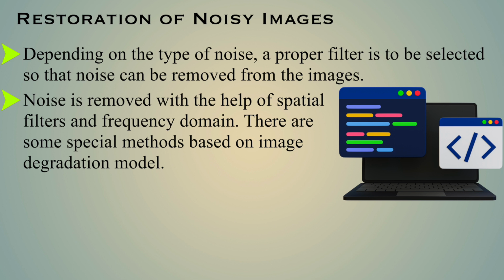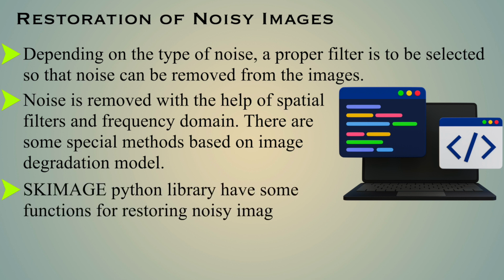Applications of image restoration are very wide, but for our understanding purpose, let us take the example of a noisy image. I will take a noisy image and try to restore it back. The method of restoration of a noisy image goes with the help of filters. Filters I have discussed in the previous video.